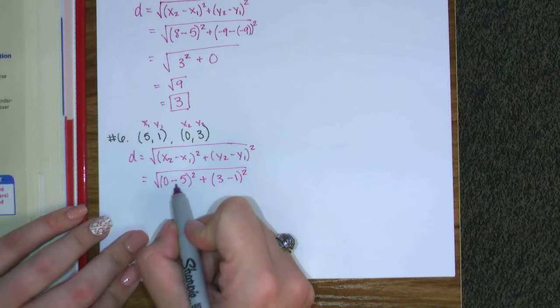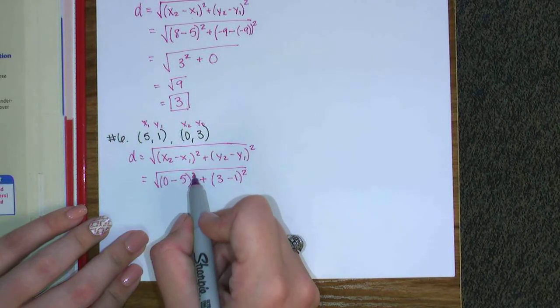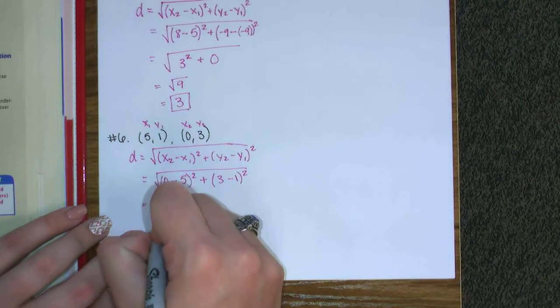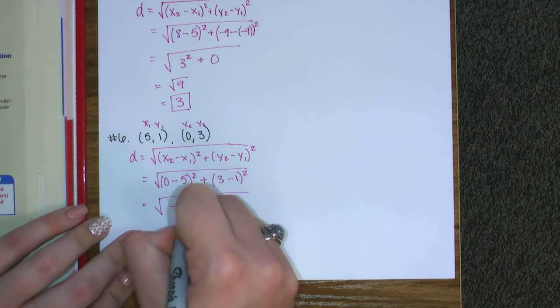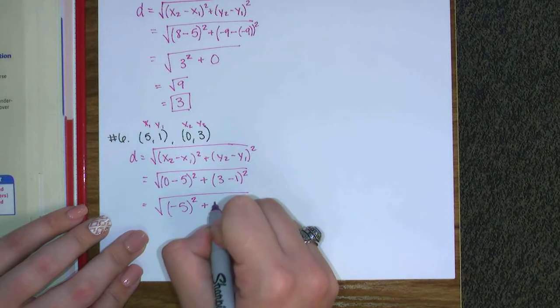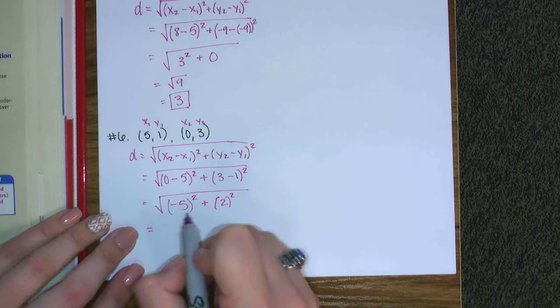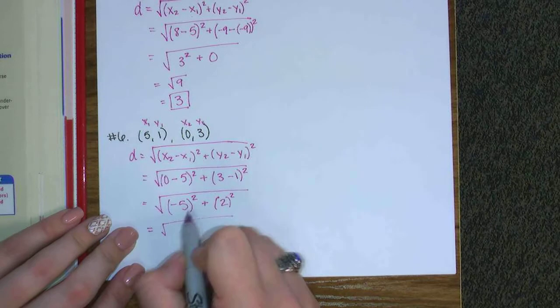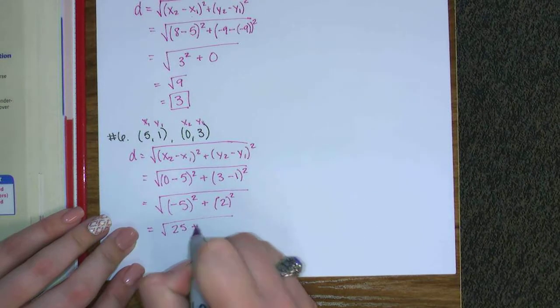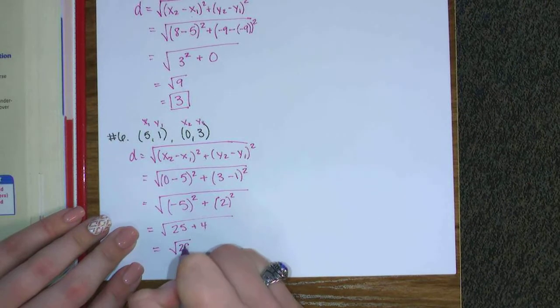So now, this is a -5 squared, okay, is what ends up happening here. We get -5, still in parentheses, squared, plus 3 minus 1 is 2, so 2 squared. So this is the square root of 5 squared is 25, plus 2 squared is 4, and this is equal to the square root of 29, okay?